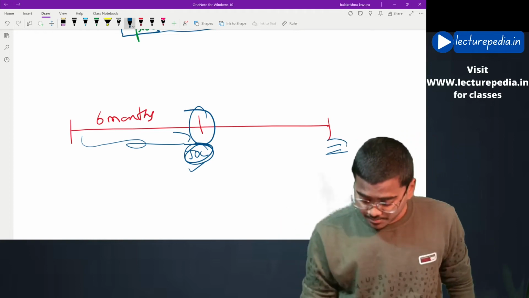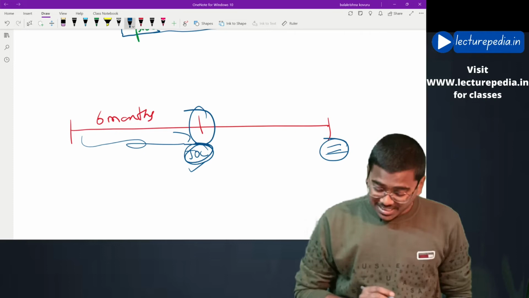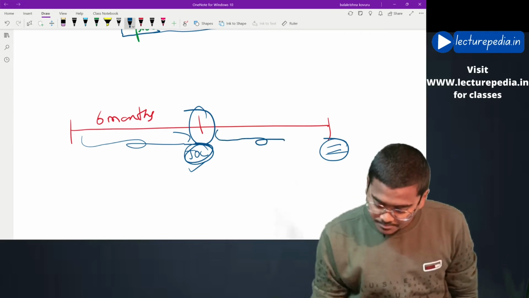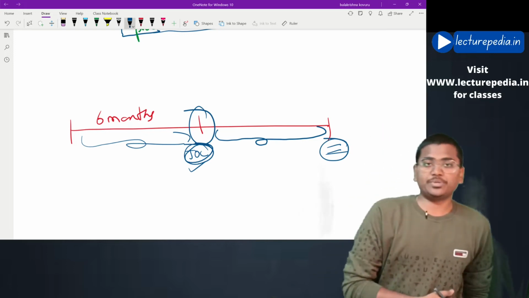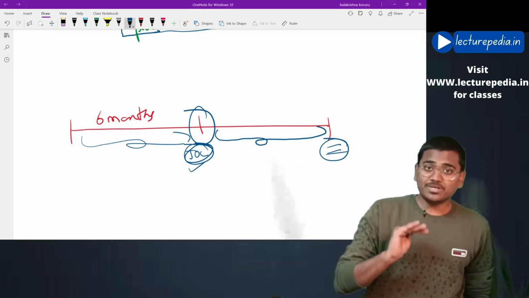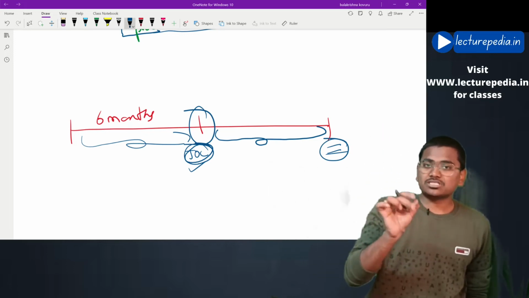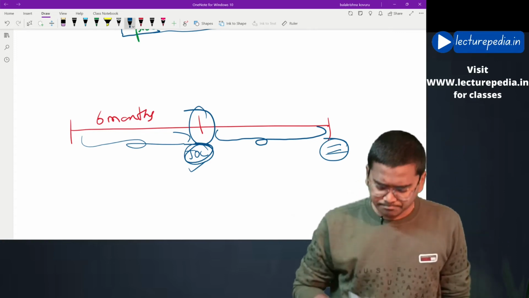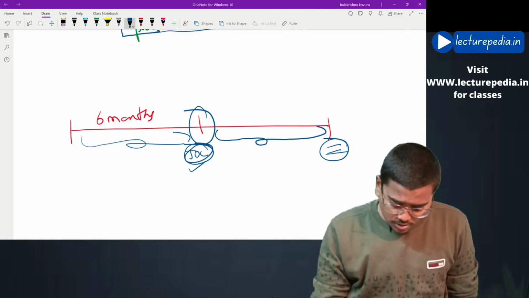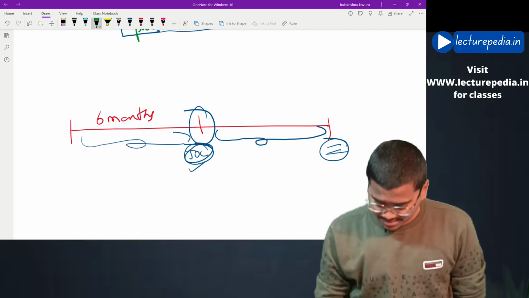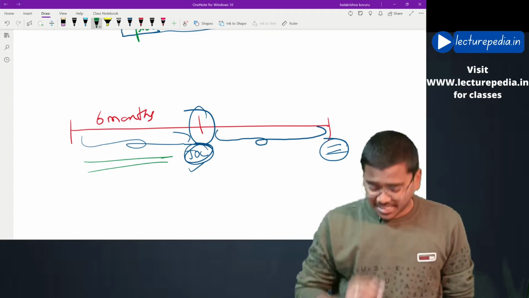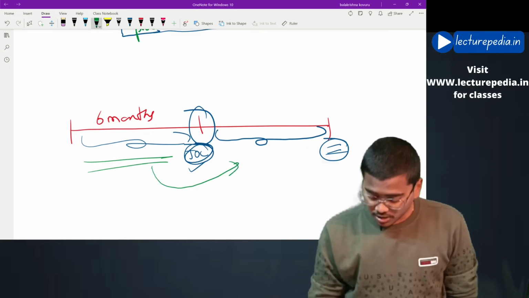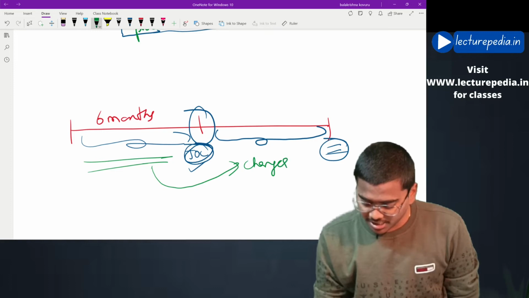Now here, whether the auditor has to check the controls during this intervening period or not will depend on some factors. First of all, the auditor will see whether the controls that I have already tested here are operating the same, or whether there are any changes that have been made by the management.